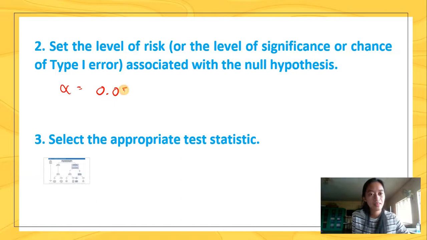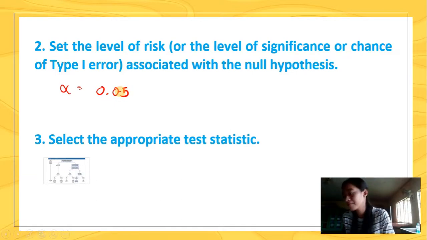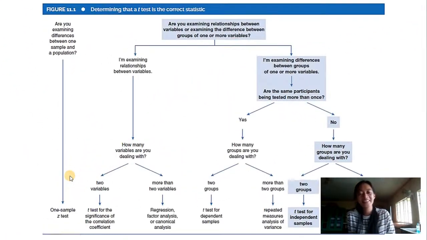Then 0.05. Next, select the appropriate test statistic. Unsa man mga test atong gamiton? Here, so we had 2 groups. Yes, we want to examine the difference. There are 2 groups.